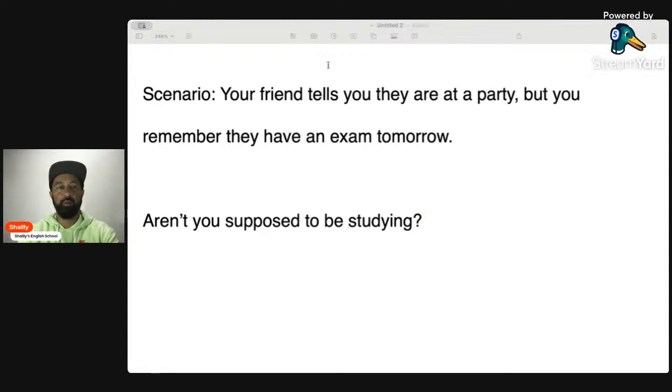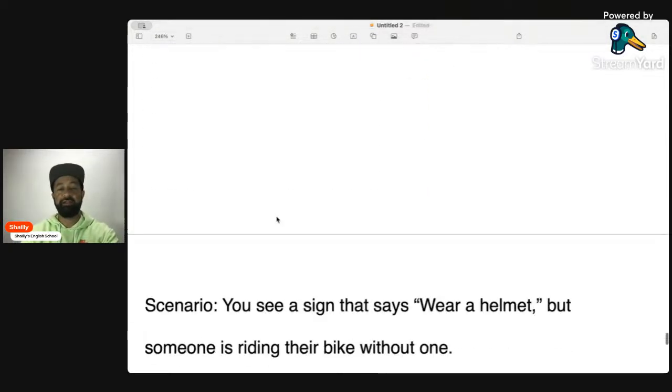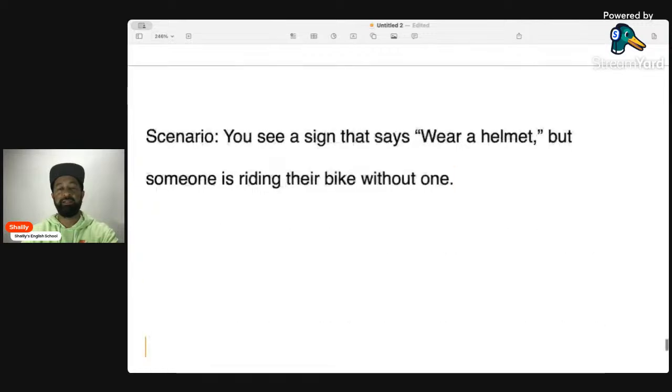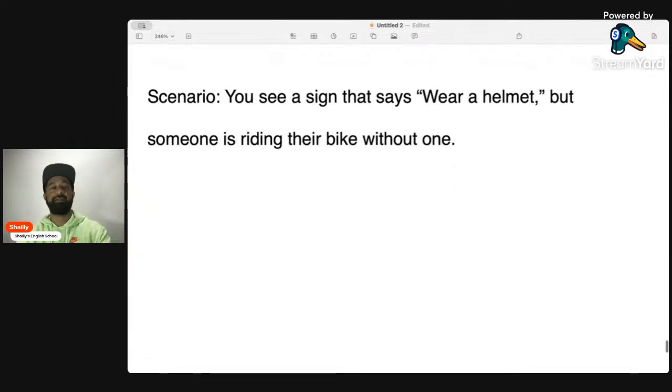Okay, so we're going to do one more, and then one more for homework. All right, so let's look at the last one that we do together. This one says, you see a sign, and that sign says, wear a helmet. But someone, let's say she, some woman, some girl is riding their bike without a helmet.